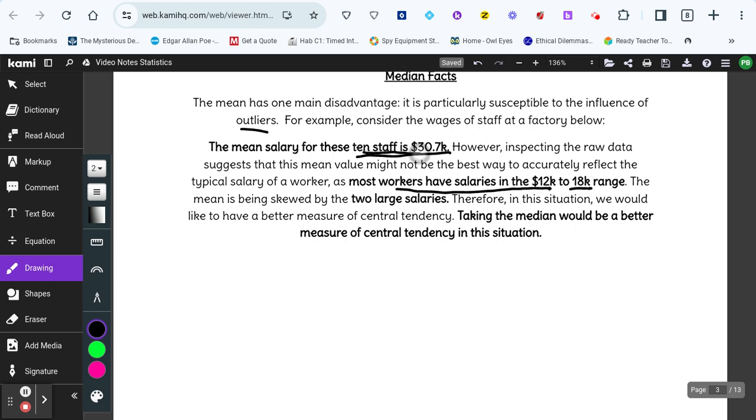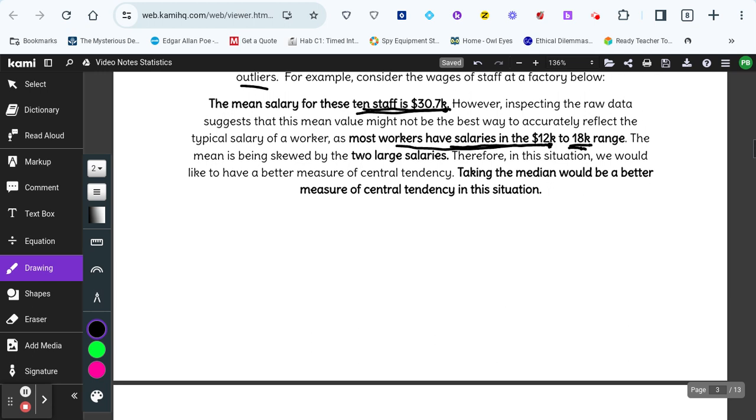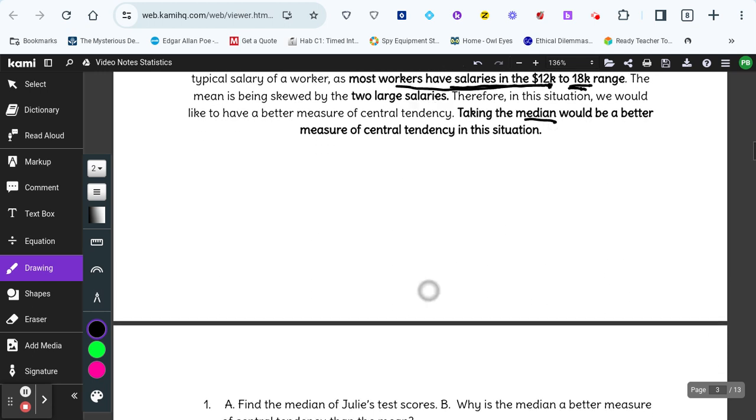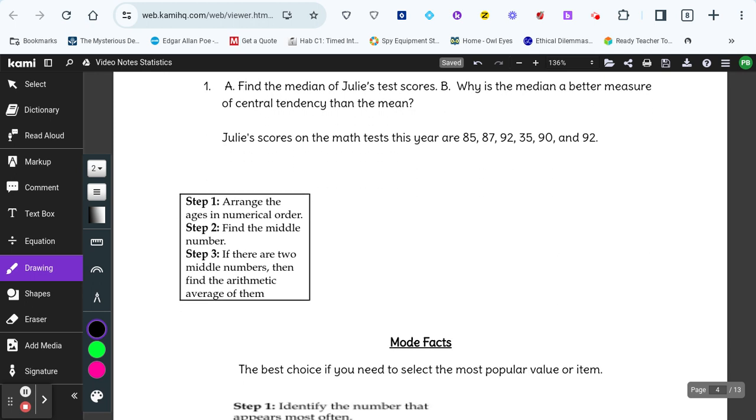So just because 10 of them make 30,000, but most of them make 12,000 to 18,000, that's not going to represent your mean. So we're going to learn how to take the median of that data. So let's look at median when the mean has outliers in it.